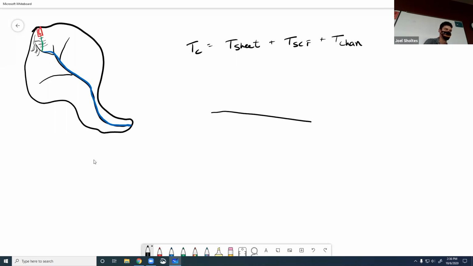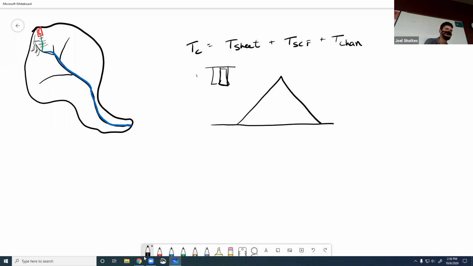And if we want to draw a real simple hydrograph, a triangular one, and we have our little hydrograph, our rainfall depth right here. So this is just some precipitation, and this is Q and our time.